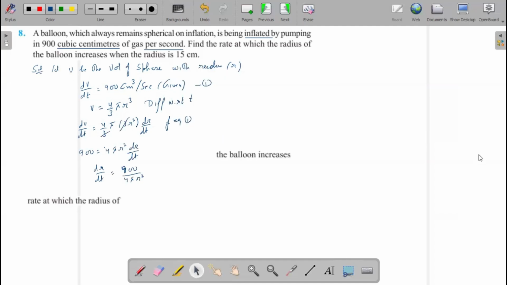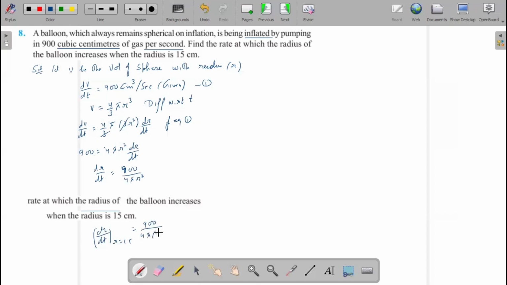Of course, आप वही निकाल रहे हैं dr upon dt ही, लेकिन he also mentioned कब when your r is 15 centimeters. क्यूब की डिफरेंशिएशन 3r स्केल हुई ना फिर so dr upon dt when r is equal to 15 is 900 upon 4 pi 15 स्केयर. रेडियस की यूनिट आप तब पूछ भी रहे थे जी अब रेडियस की यूनिट क्या मेंशन करोगे सेंटीमीटर और डिफरेंशिएशन विद रिस्पेक्ट टू किसके हो रही है राइट ओके जी, 1 upon pi, radius and with respect to time is second.